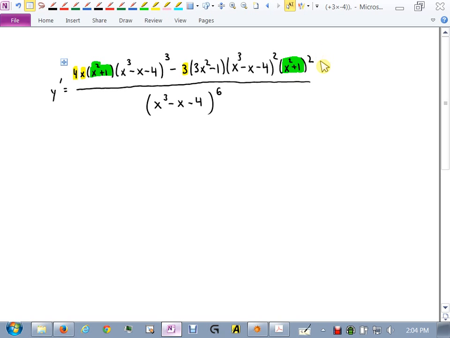I have 2 of them, right? 2 factors. So couldn't I pull 1 factor out? Watch what I mean by that. I could pull an x squared plus 1 out by itself. Just one of them. Then how many of these do I have? I have 3 factors here, and I have 2 factors here, so I can pull 2 factors out.